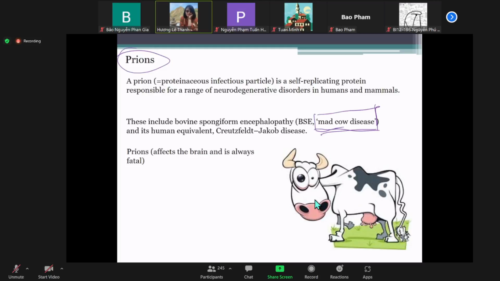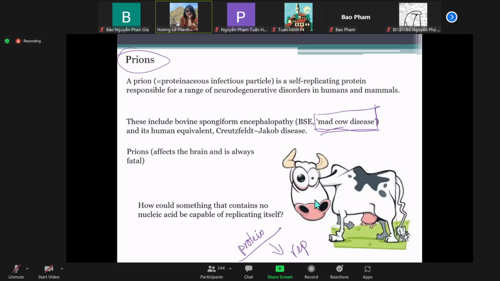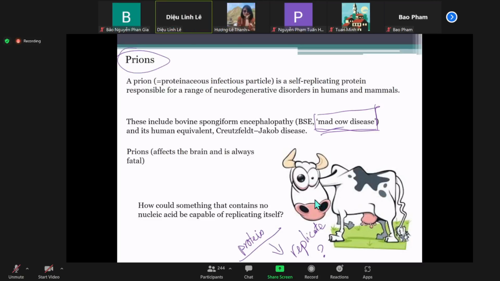So I have a question: how could something that contains no nucleic acids be capable of replicating itself? So now they are proteins. That's how this kind of protein can replicate to cause this disease. I think it can be an enzyme that catalyzes another normal protein to become an abnormal prion.